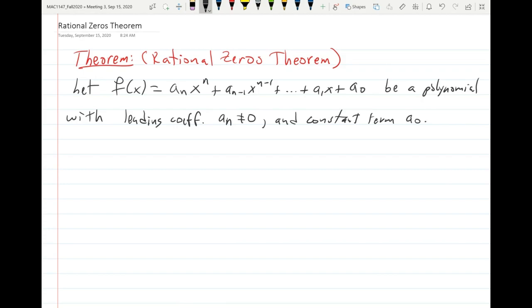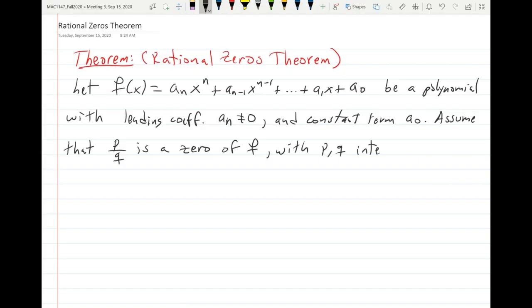Okay. Also, let us assume that we have a rational zero. Okay, because if we don't have a rational zero, then of course this has no business here. So assume that p over q is a zero of f, with p and q integers.